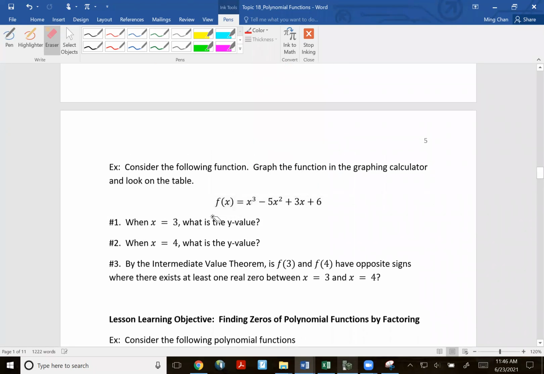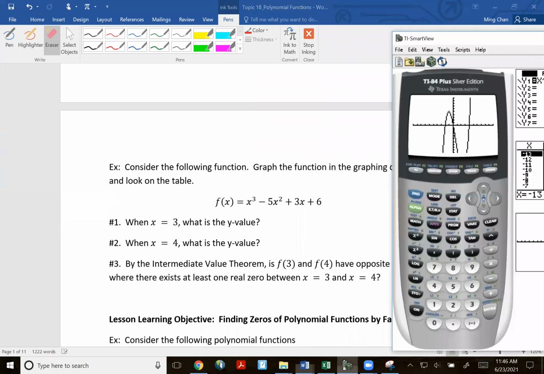In this example, I simply want you to put this function in the graphing calculator and then look up x equal to 3. What's the y value? So it's a cubic function, x to the third minus 5x squared plus 3x plus 6.